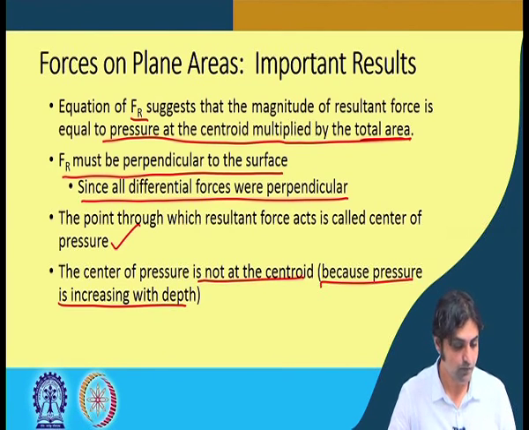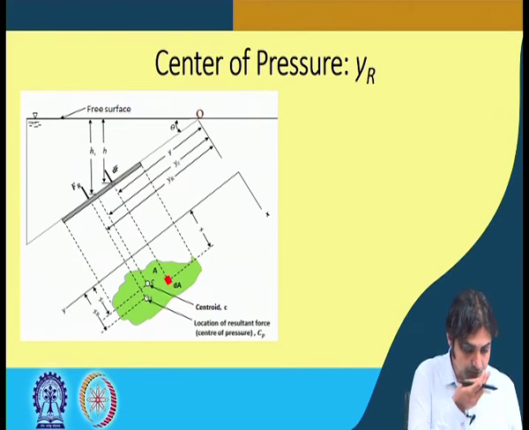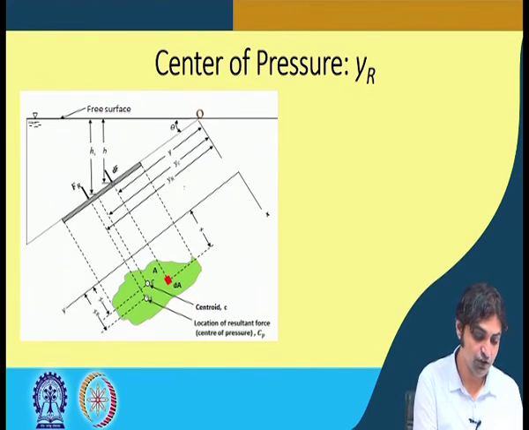Okay. We have seen the resultant force value and we have discussed some of the properties of the resultant force. Now we must also be able to find out what the corresponding XR and YR are. So let us say there is one of the coordinates in the y direction for the center of pressure.